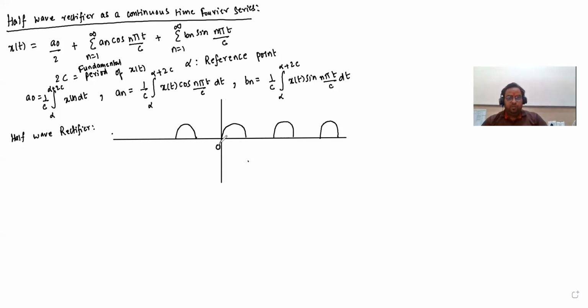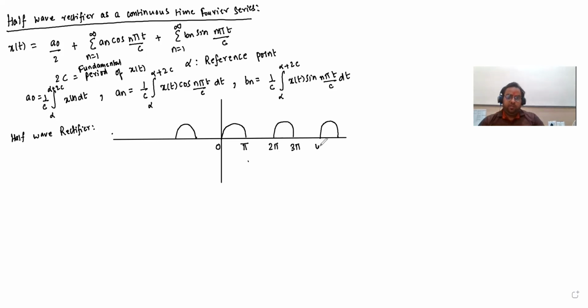The output will look like this: from 0 to pi the positive waveform remains, and the negative waveform is clipped.